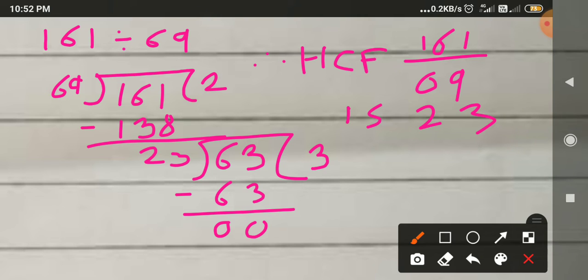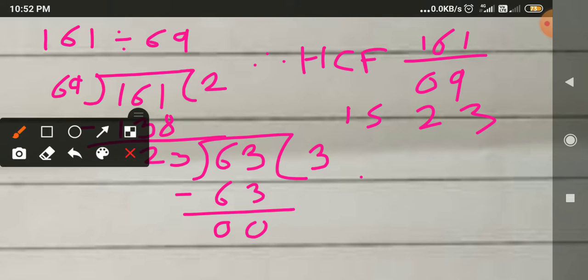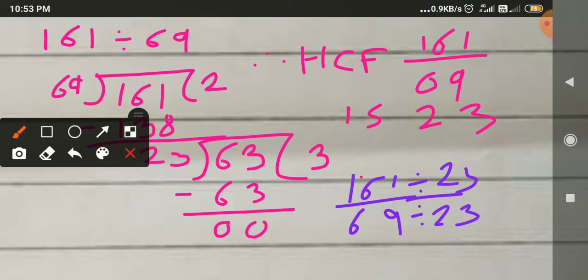Now one more thing they asked us, that is, we have to find its reduced form. So here I will do the reduced form of it. So 161 divided by 69, we have to divide both these numbers by 23.